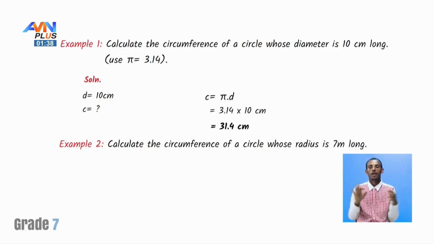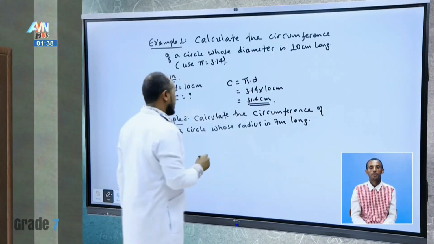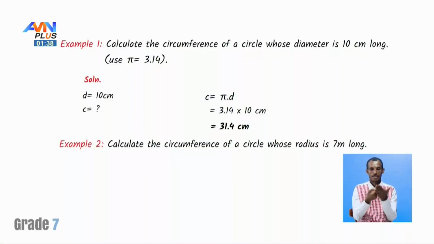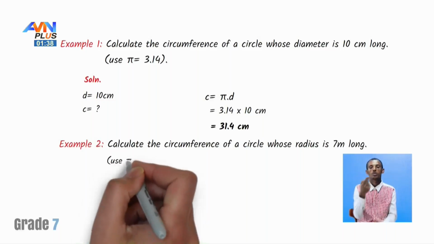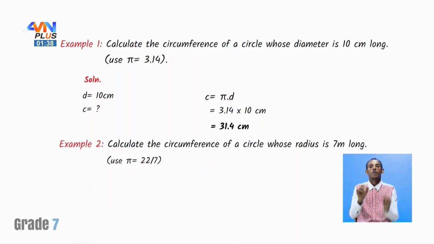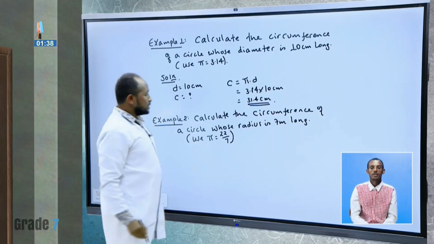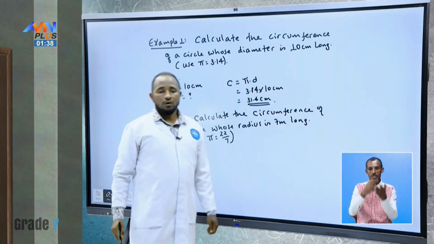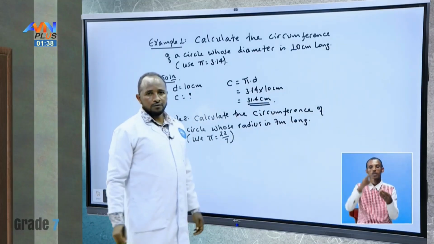Its radius is 7 meter long. Use pi to be 22/7. Please, students, try this question. I will give you 20 seconds for this.